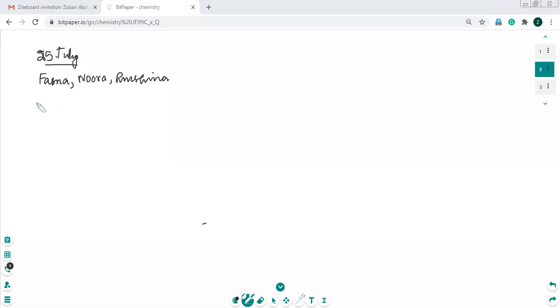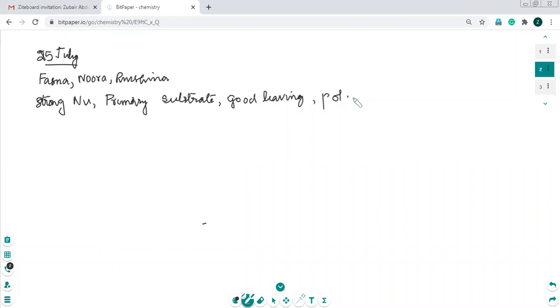Now, strong nucleophiles, primary substrate, and sufficiently good leaving groups, then polar aprotic solvents.